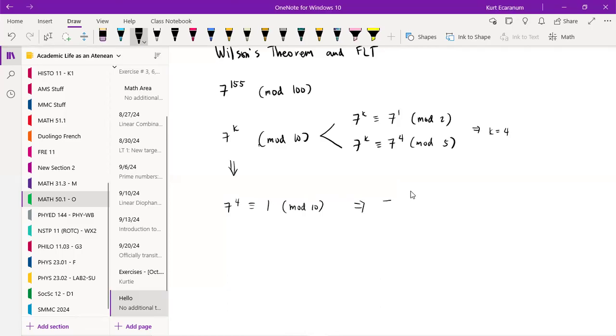As well as, if you raise 7 to the 4 to some multiple, sige, sabihin natin m, 7 to the 4m is 1 modulo 10. Any power ng 7 na ang exponent is sa multiple of 4 will give a residue of 1 when divided by 10, or in other words, a units digit of 1.